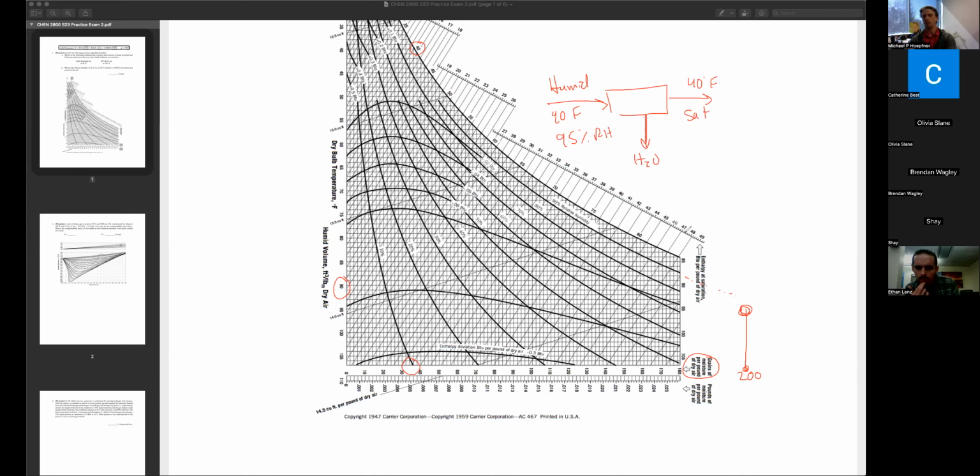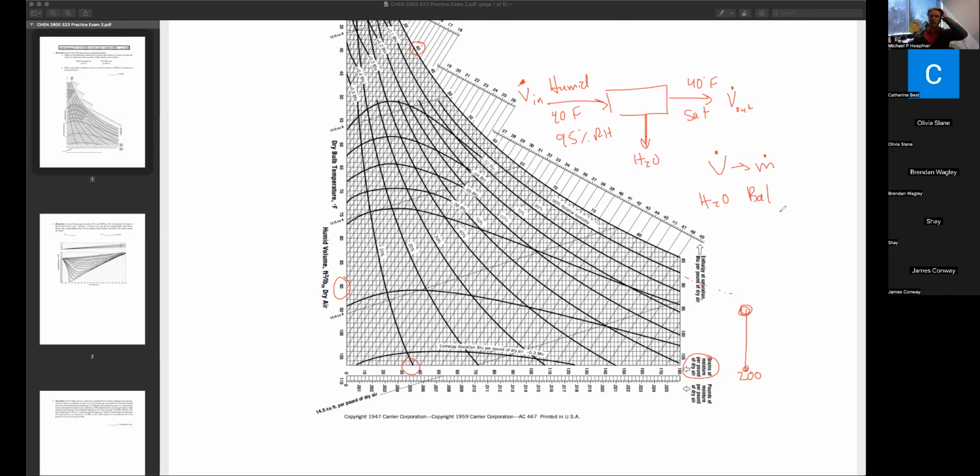Now what we need to do is convert between the volumetric flow rates coming into the system and the volumetric flow rate out. For dry air, that's the same. And that's why the psychrometric charts do everything on a basis of per pound of dry air. And then we need to convert the volumes into mass flow rates, and then we need to do a water balance.